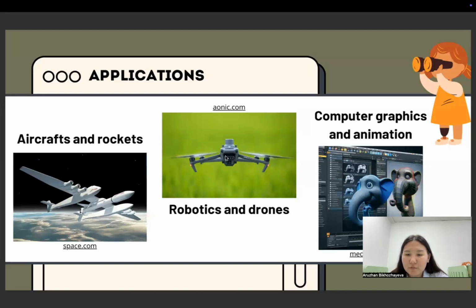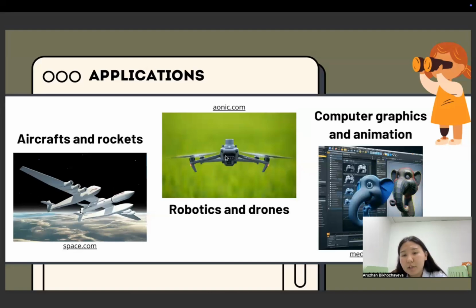So these drones hover steadily in the wind, rockets adjust their trajectory in space, and spacecraft rely on exact movements to dock or land. That means quaternions simplify rotation, improving precision and performance. That's why it is used in robotics, especially for drones.